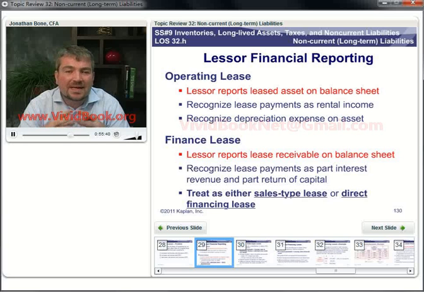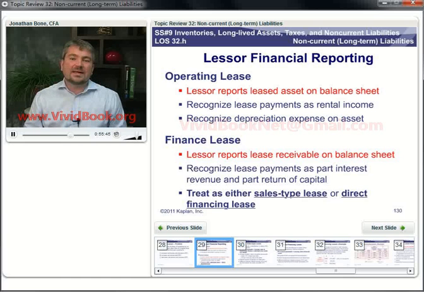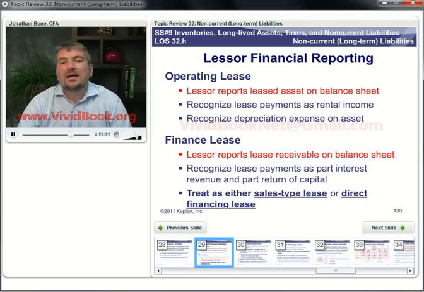So in other words, they keep the asset in their balance sheet if it's treated as an operating lease. If it's a finance lease, the treatment is going to be rather different. And in fact, there are two different types of finance lease, which we'll talk about in a second. Under a finance lease, the lessor is going to report the lease receivable on their balance sheet, i.e. the amounts that they're owed under the terms of the lease.